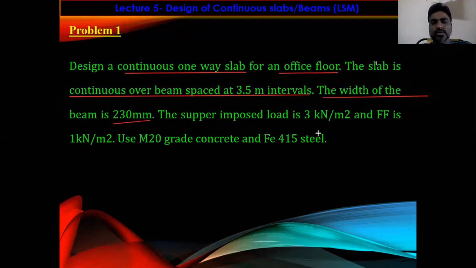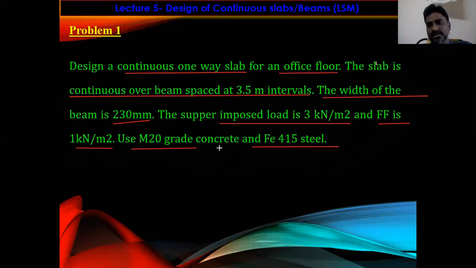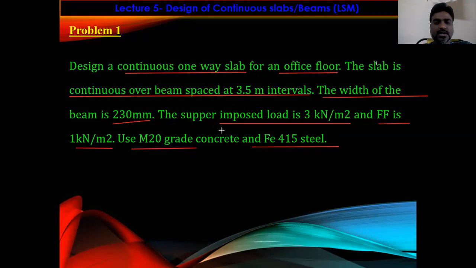The superimposed load is 3 kN per meter square, and floor finish, FF, is 1 kN per meter square. Use M20 grade concrete and Fe 415 steel. This is the data given, and in the problem they directly say it is a one-way slab.